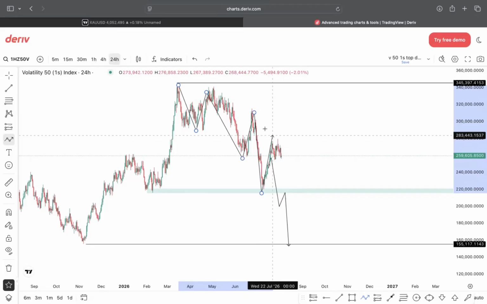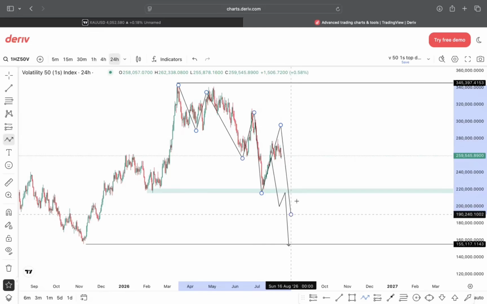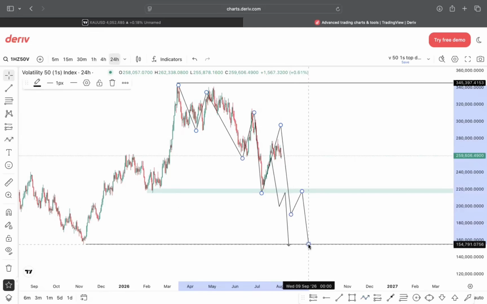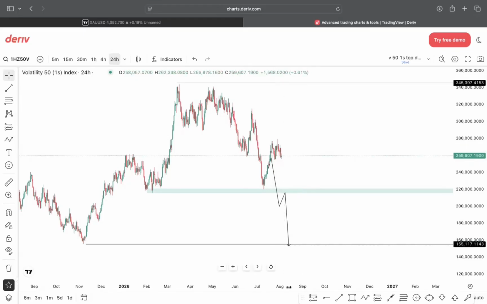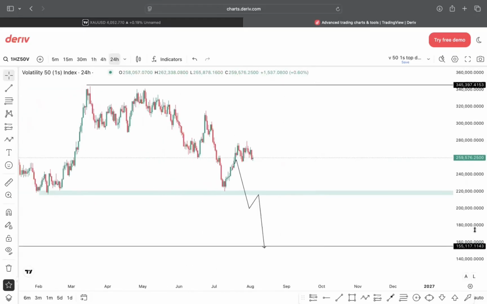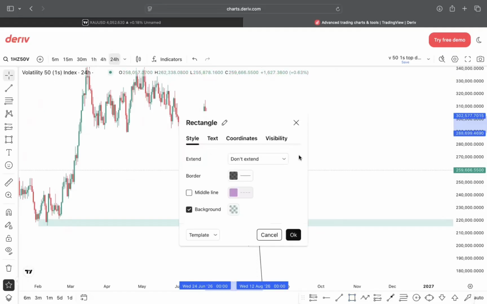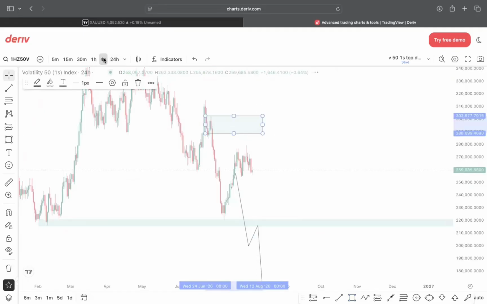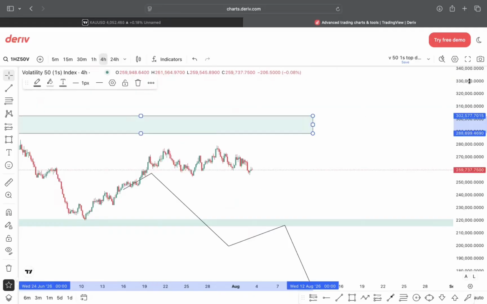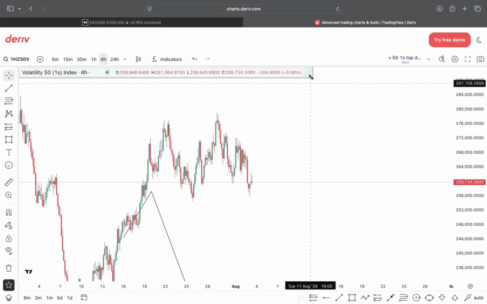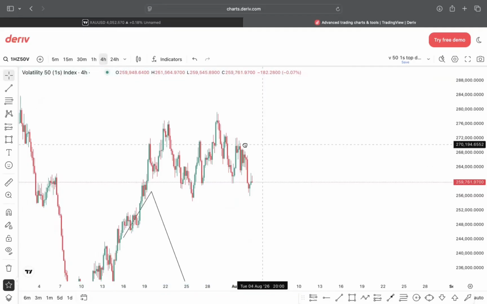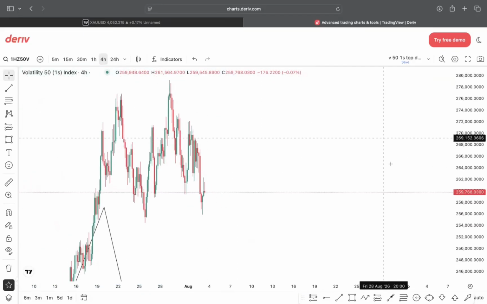I want price to use this other block and then invalidate it, and then we look for sells. So for now, we have to stay away from it, and then when price gives us a valid sell POI, we can enter for a sell. But for now, we're leaving it, right? You can see that price is trying to form a sell POI.